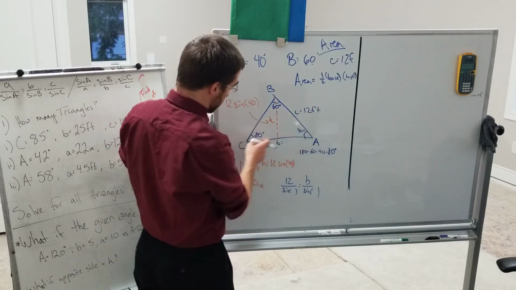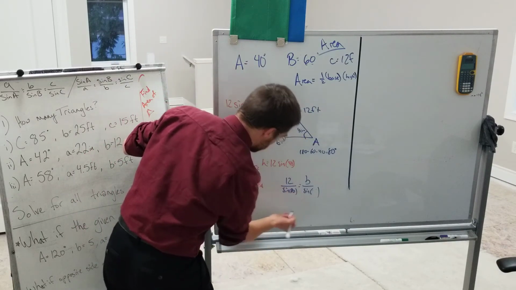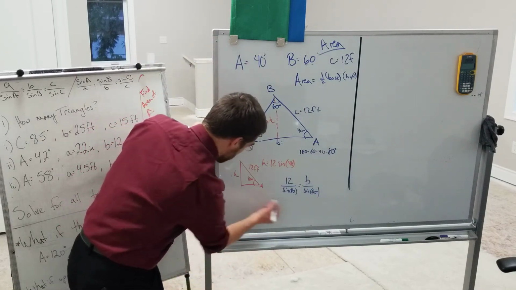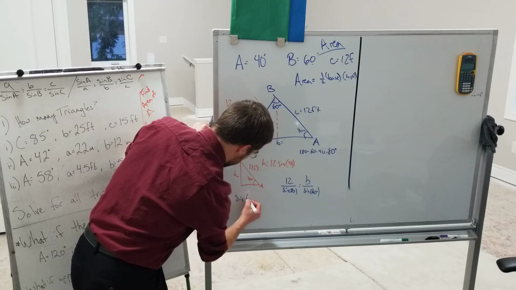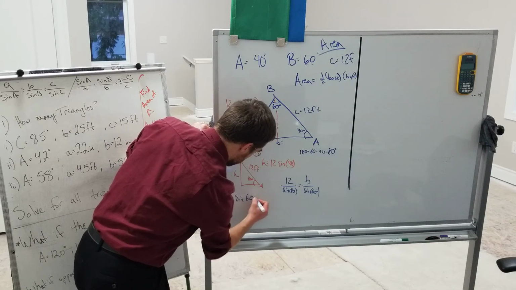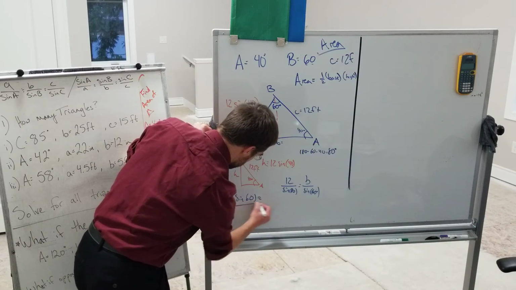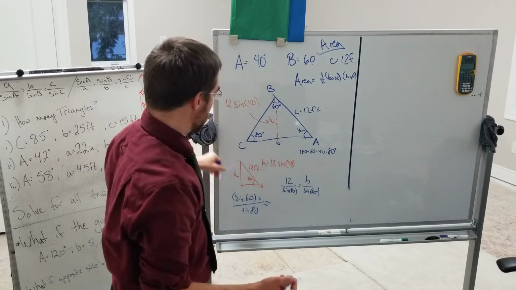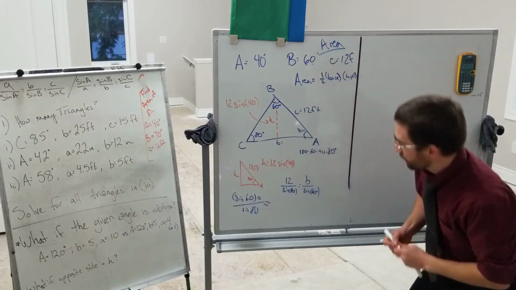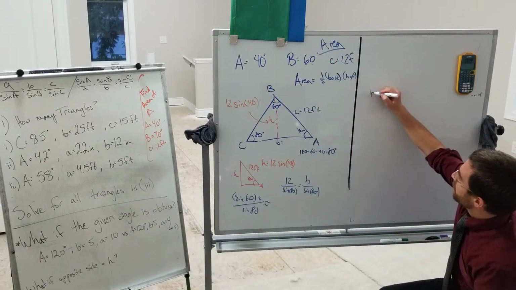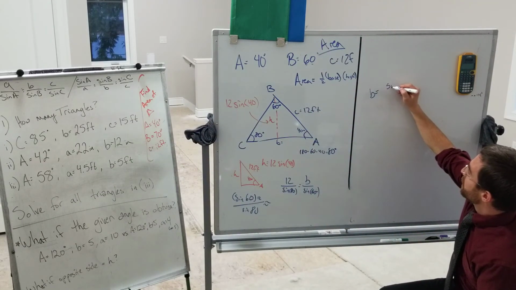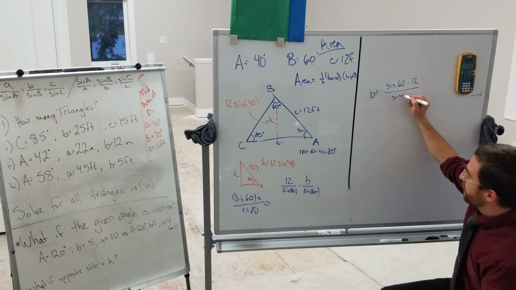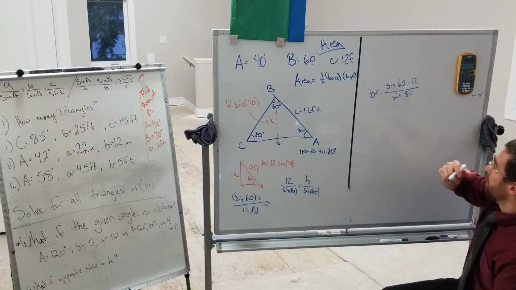So 12 divided by sine of 80 equals b divided by sine of 60. We're going to multiply by sine 60 on both sides, just using law of sines, to get our side b there. So side b is sine 60 times 12 divided by sine of 80.